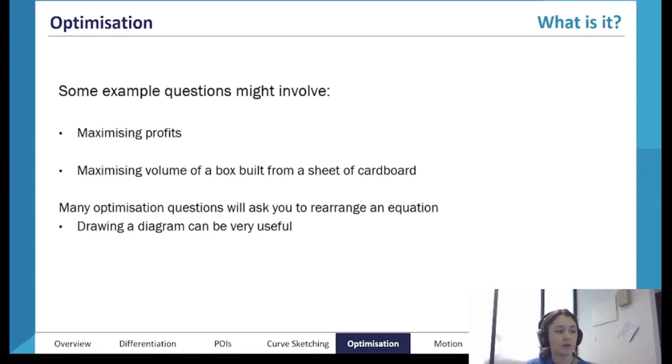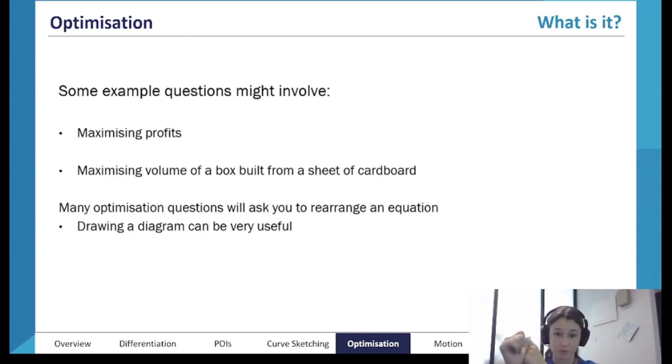And then, as I said before, many optimization questions will ask you to rearrange or create an equation. So drawing a diagram is very, very useful. If there's anything about optimization, and I do think we have a slide later on providing some tips for these, but if there's anything that you take away from optimization, and creating an equation if you're not given one, it is firstly draw a diagram.